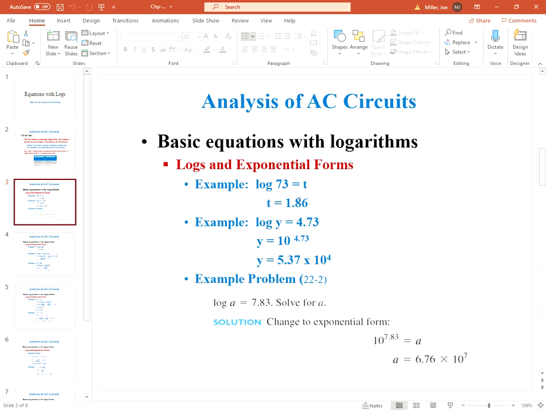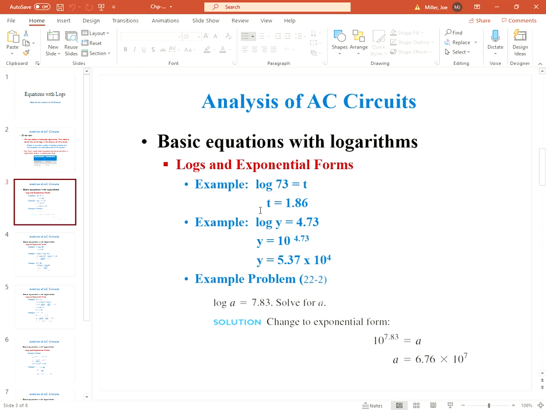Of course, your calculator will give you the log of 73 to more decimal places, but this is sufficient for the lecture. Another example, log of y equals 4.73. That obviously implies the easiest way to solve that is to quickly change to the exponential form. You take the anti-log of both sides.